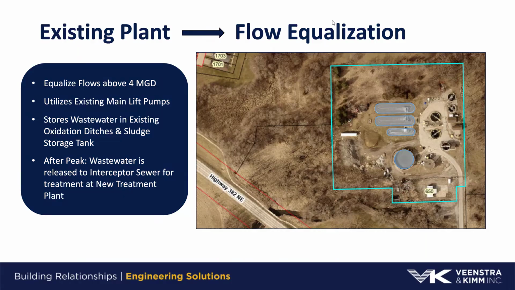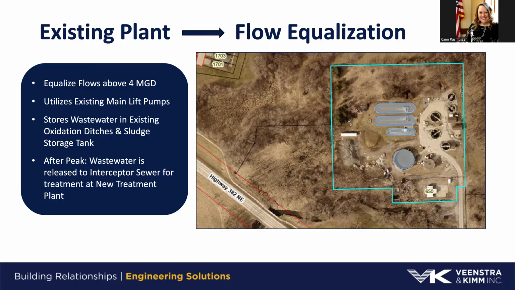So this existing plant that we're gonna utilize for flow equalization going forward would be used for flows above 4 MGD. So that would be a peak hour flow situation. Even your maximum day, you could potentially in the future, so this is in the 2050 development, you could do at the new facility without having to utilize this. But there is some advantage to keeping that facility open.